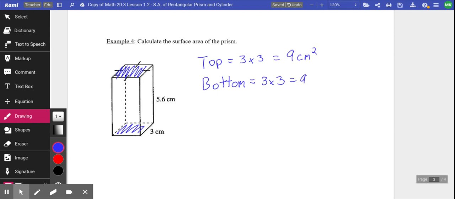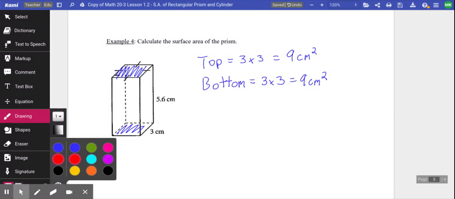The bottom is 9 centimeters squared. Then I have the front, which is the same as the back, which is the same as the left side, which is the same as the right side.